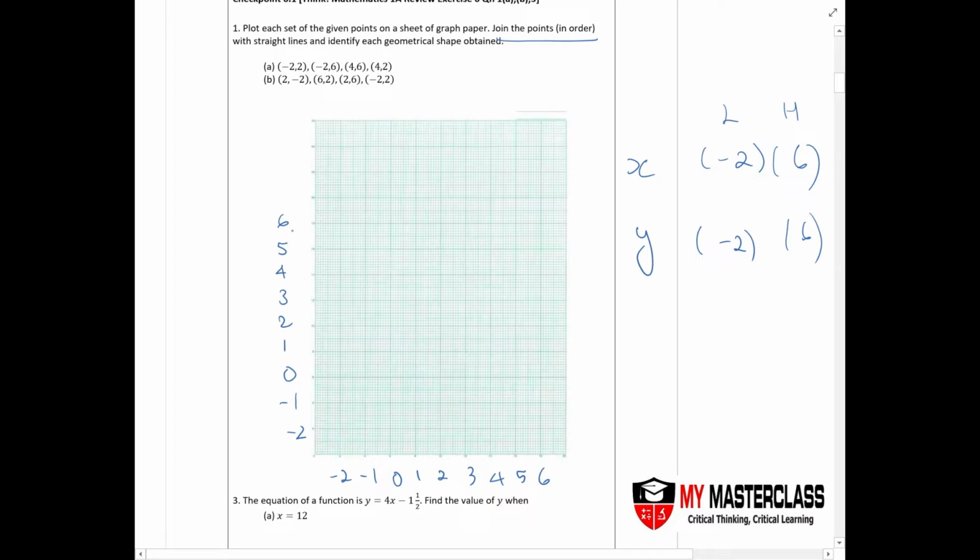balanced. So I would draw my 0 here. This is the line. Let me see if I can draw a straighter line.